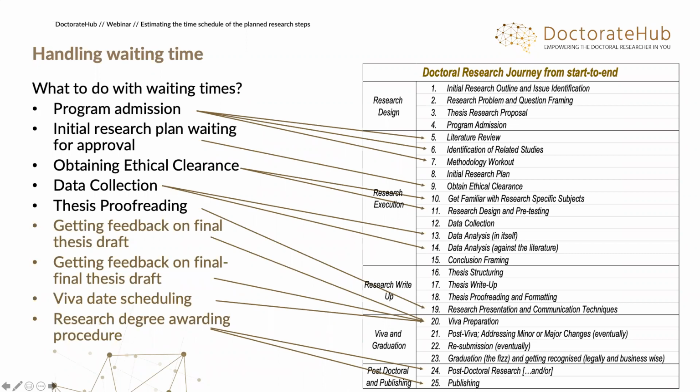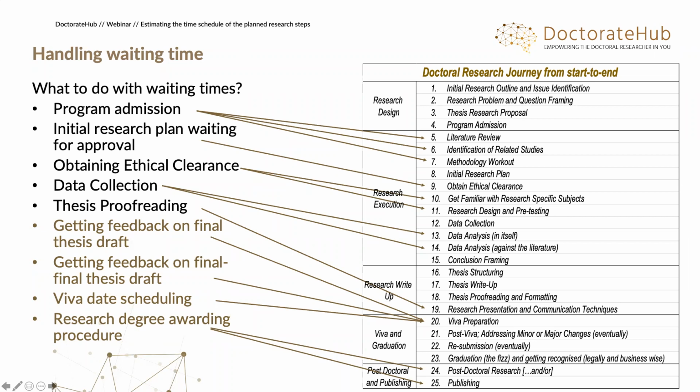And the same might be said for the program admission phase, right? I submit my initial research outline, and what do I do then? Do I just wait until I get an admission? Or do I go back and look again at my research outline and try to get deeper into the problem, understand what is the exact issue, which is the related literature, what is the exact research problem?